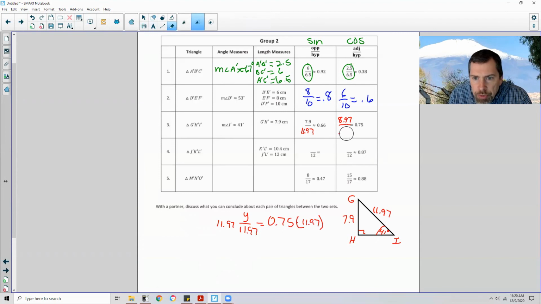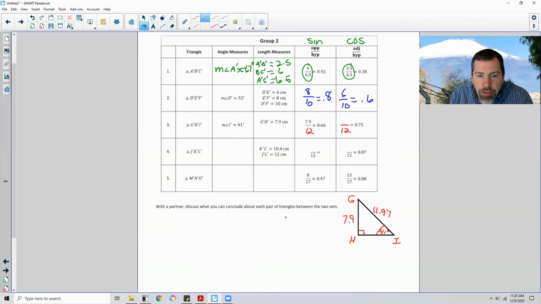So let's do that because we're only off by hundredths. So instead of putting 11.97, let's just call it 12, because it is an approximation. That's okay, because going out to a few hundredths of a centimeter really doesn't make that much of a difference. So 3/4 is 9/12. So there we have it, 9/12.